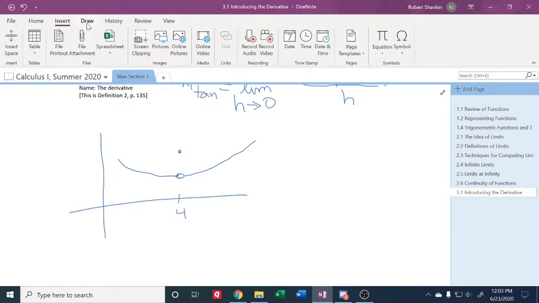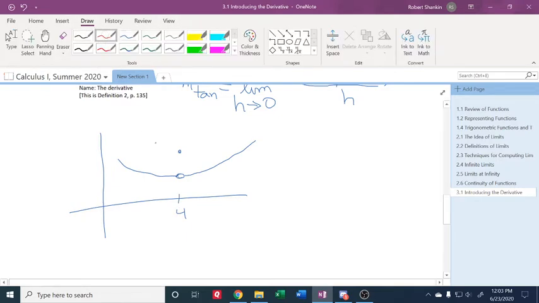The tangent line here will be here. The tangent line here will be here. And you notice they're the same. You're going to get the same slope from either direction. And you're not allowed to get to 4. So it's okay. The limit isn't allowed to get to its destination.